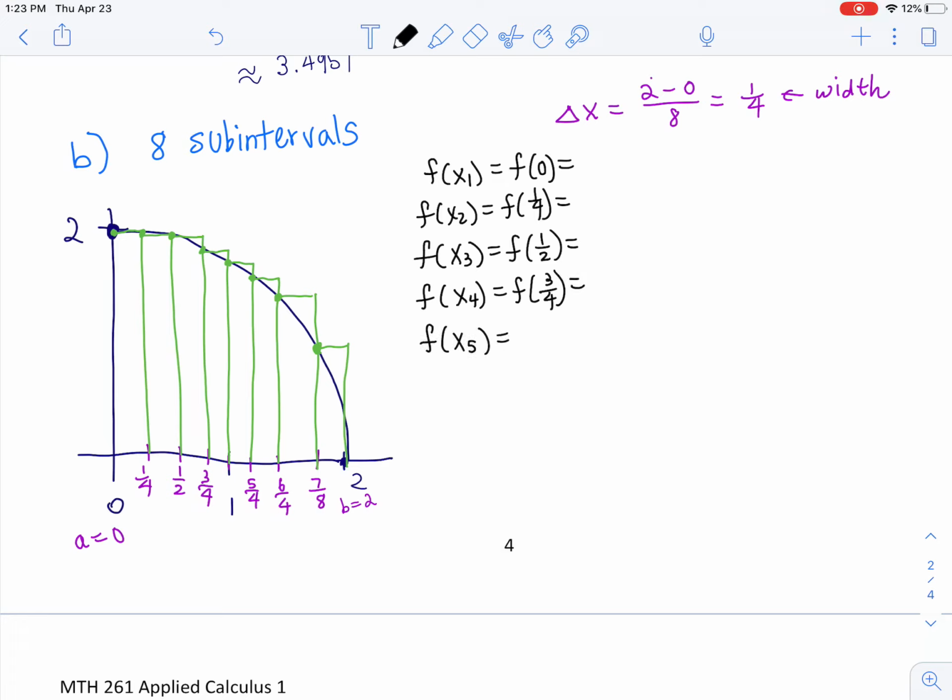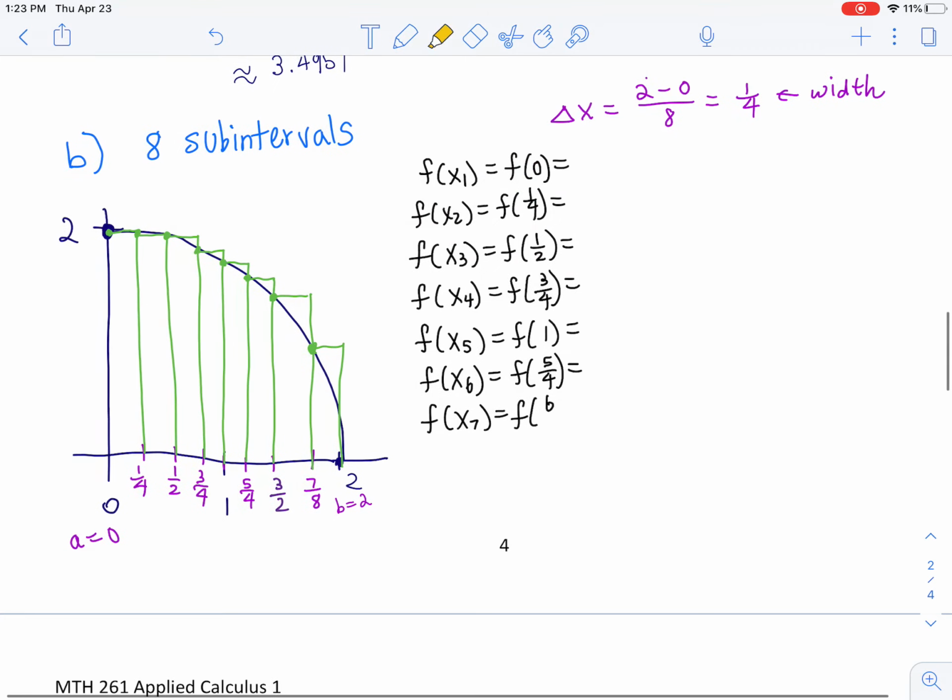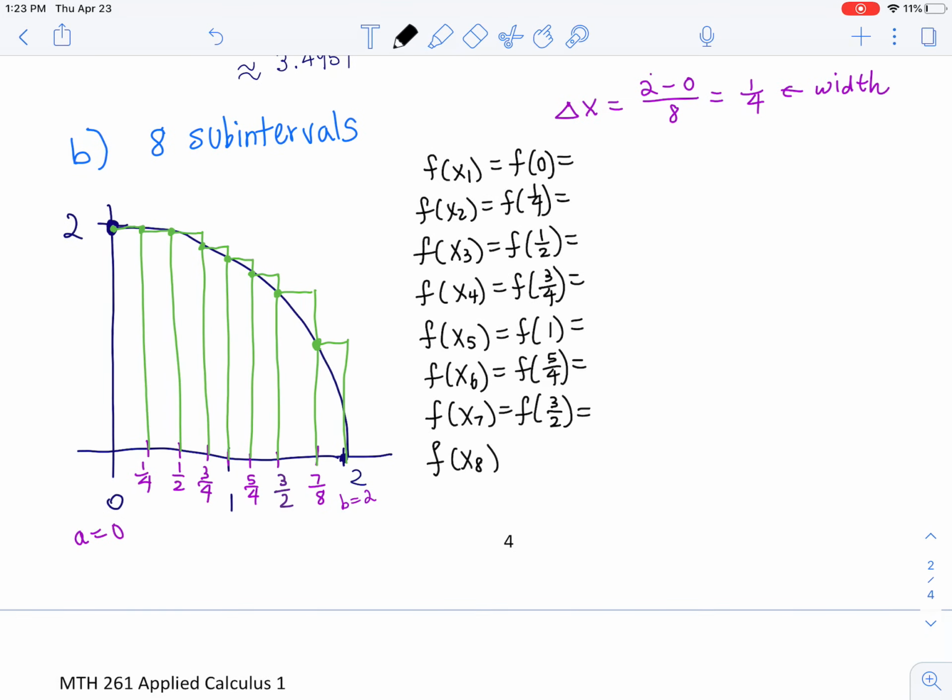f of x3, which is f of 2/4, and 2/4 is 1/2. f of x4 is going to be f of 3/4. And we're halfway there, guys. f of x5 is f of 1. f of x6 is equal to f of 5/4. f of x7 equals f of 6/4.